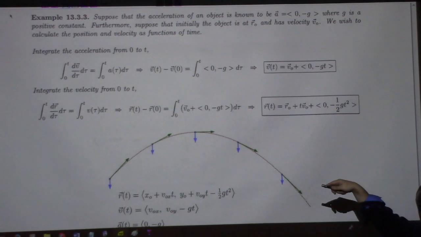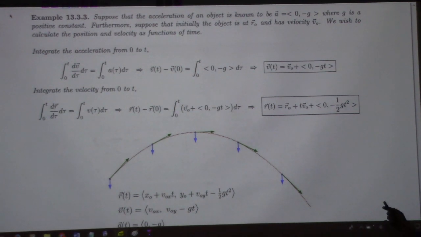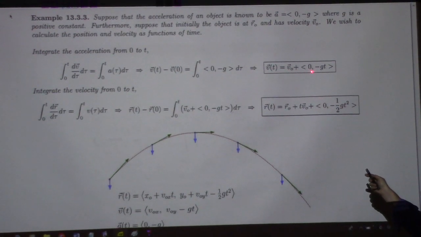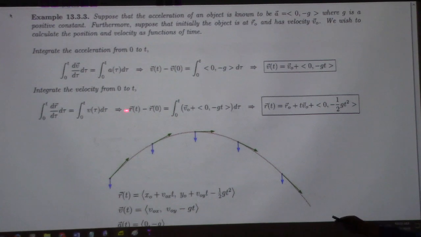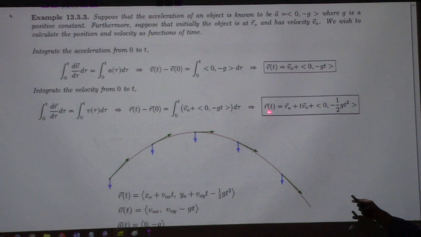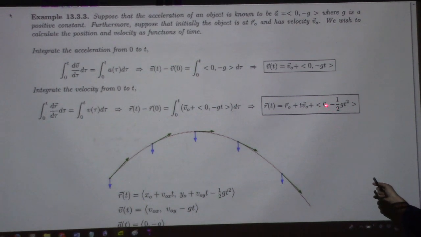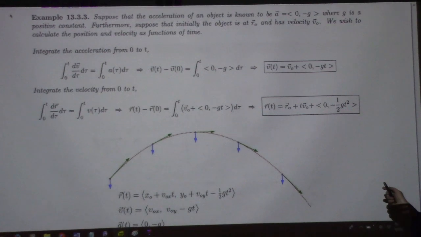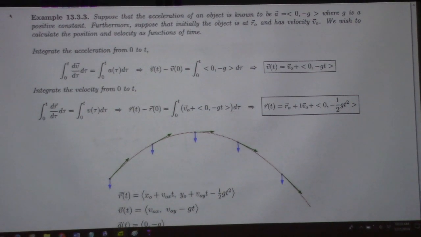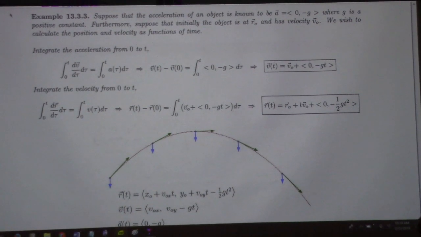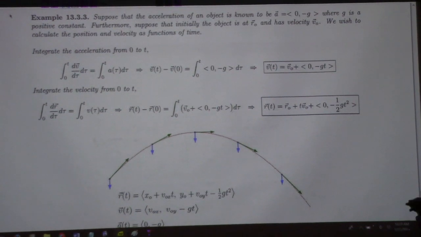We integrate again, we get the position. And so these are the famous kinematic formulas written in vector form. The initial velocity plus 0 minus gt. I integrate again from 0 to t. I get the initial position plus t times the initial velocity plus this acceleration term minus 0 minus 1 half gt squared. So that constant velocity in the x direction and the y velocity, it goes up and it comes back down.